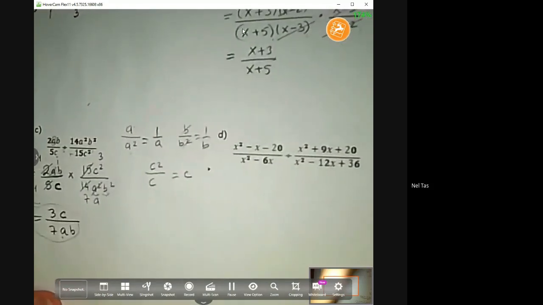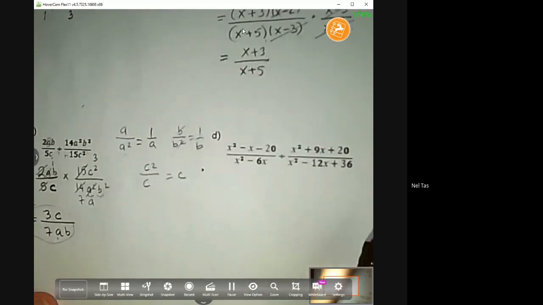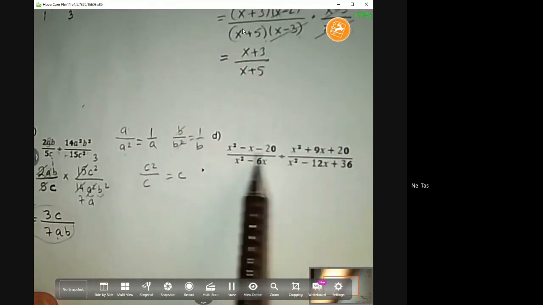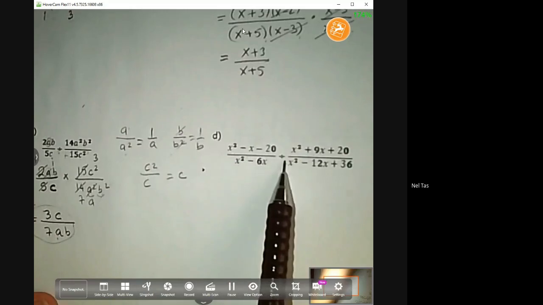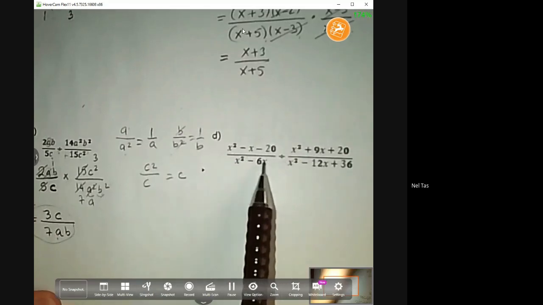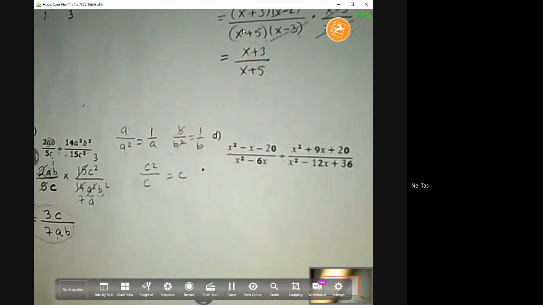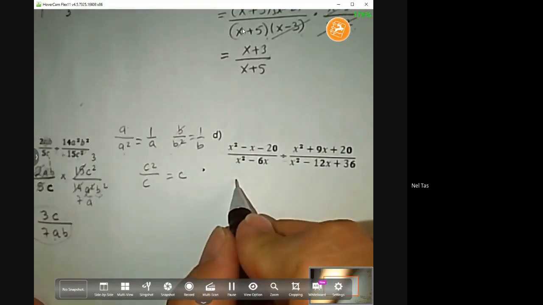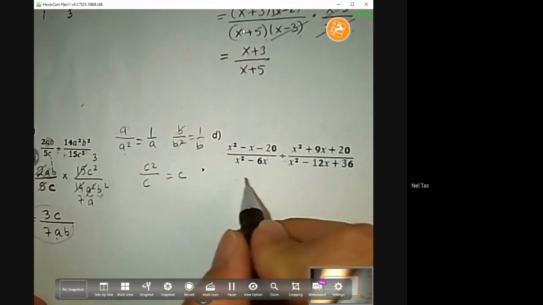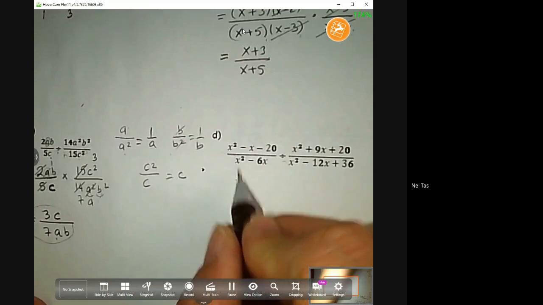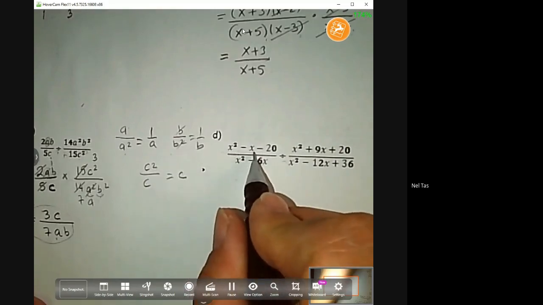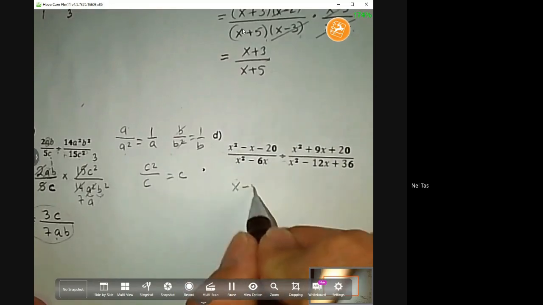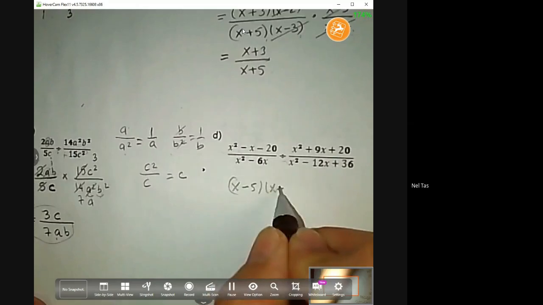Let's look at D. We have a division. We can get rid of the division first and then factor, or we can do it at the same time. Let's factor first and then convert the division to multiplication. If you factor x squared minus x minus 20, you get x minus 5, x plus 4.